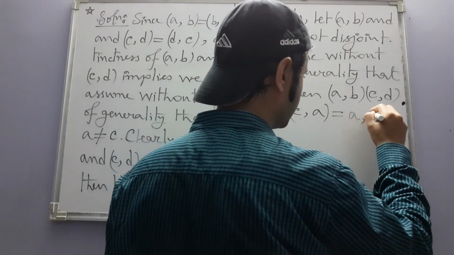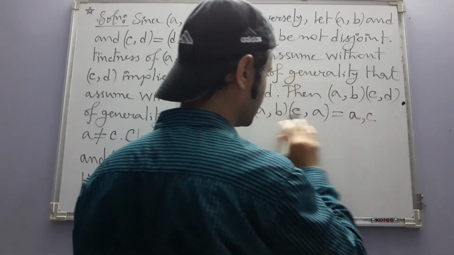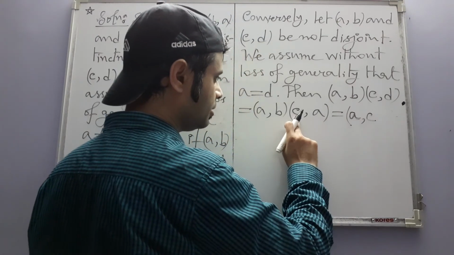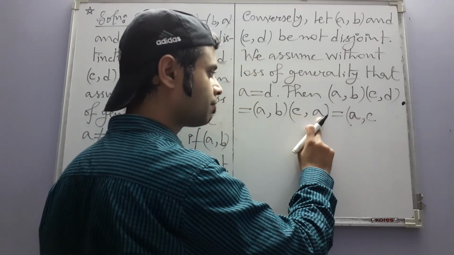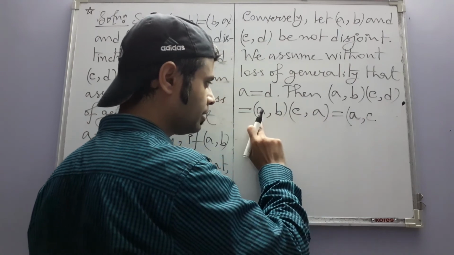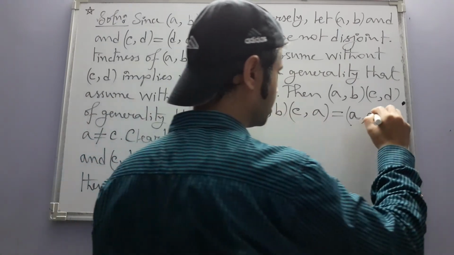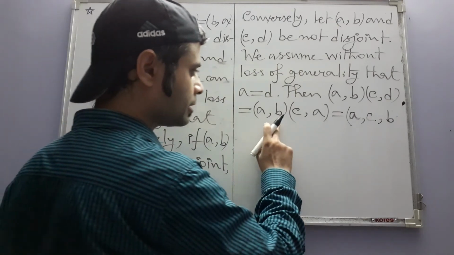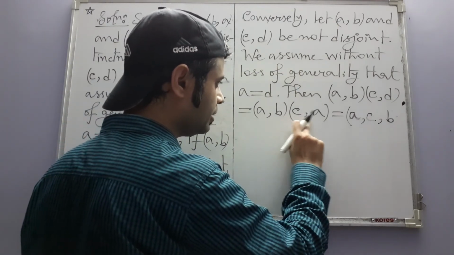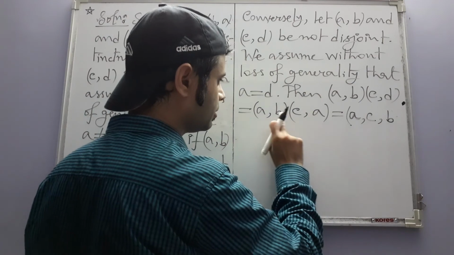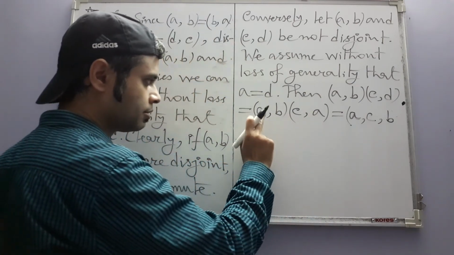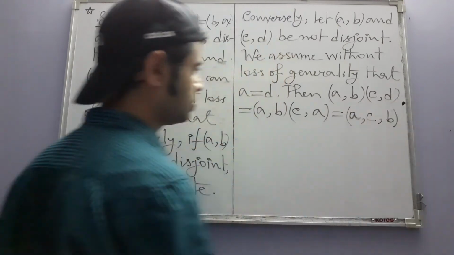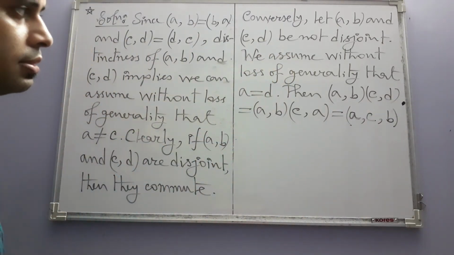So A ultimately goes to C under this product. Then C is sent to A by this one, and then that A is sent to B by this second one. So C goes to B. What else do we have? B is unchanged by this one, and B is sent to A by this outer one. So B is sent to A. So this product is the 3 cycle.